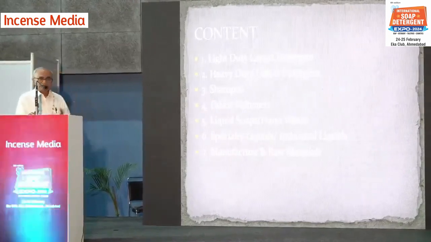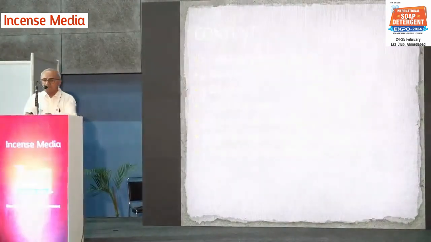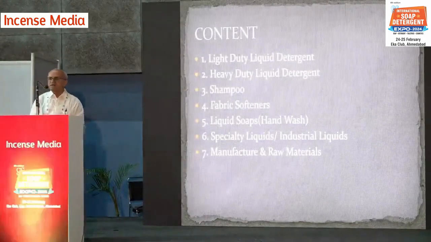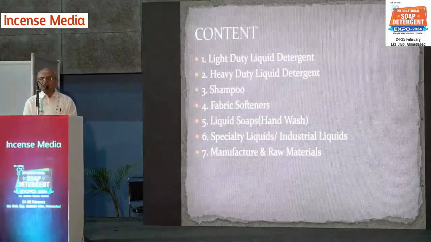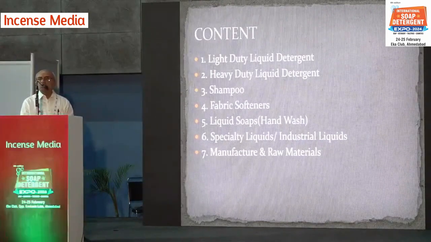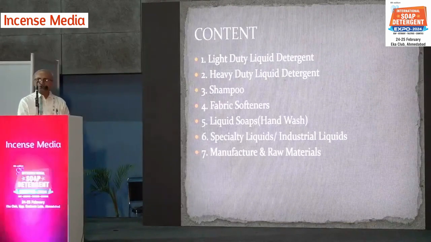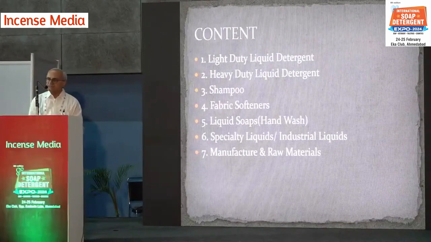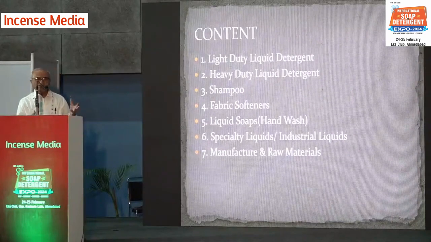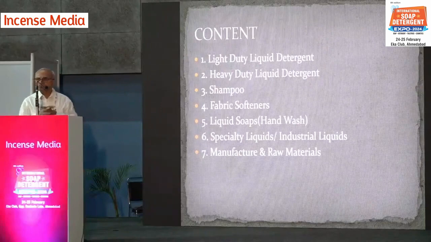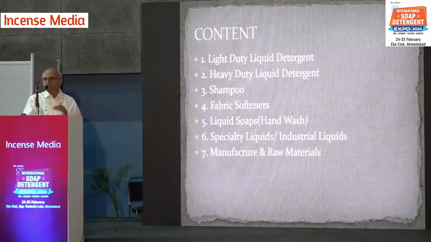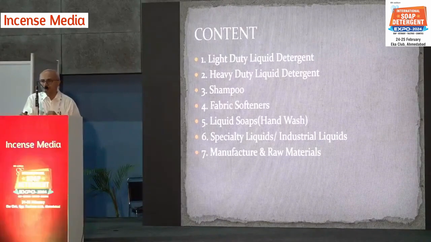Now we'll see manufacture. Liquid manufacture is somewhat simple. It doesn't require heavy machinery. What you need is a simple blender with a low RPM stirrer. If you use stainless steel, then it is very good, and you can use other non-corrosive material also. But you have to see that there is heat transfer, and there should be an arrangement for cooling.